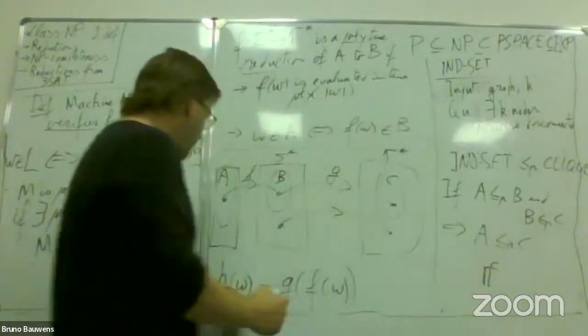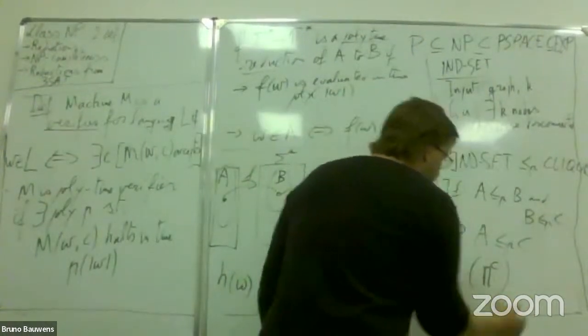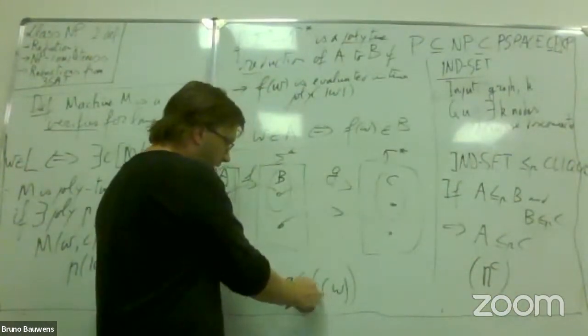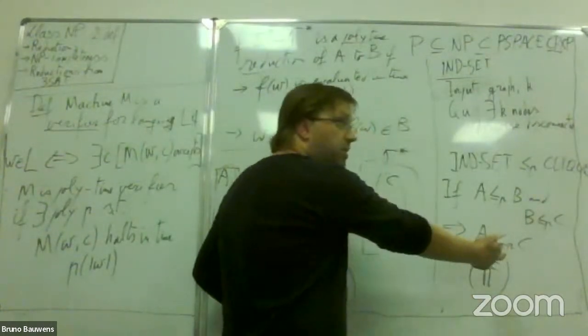So then the runtime of H will be what? The input length of G: the input has expanded, maybe to n to the power C, but not more.